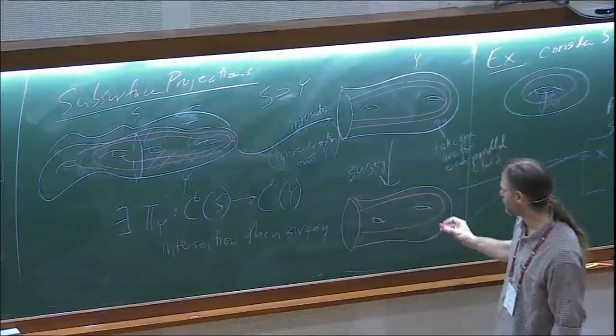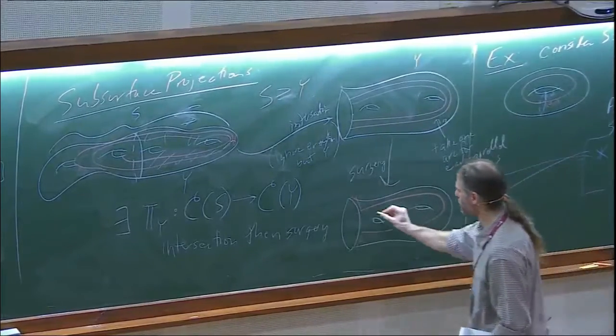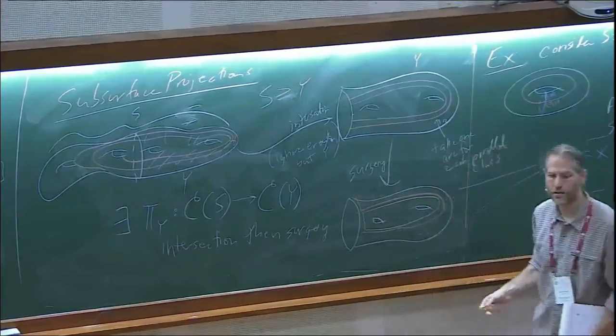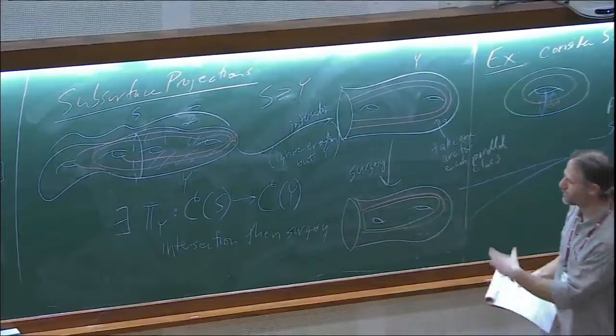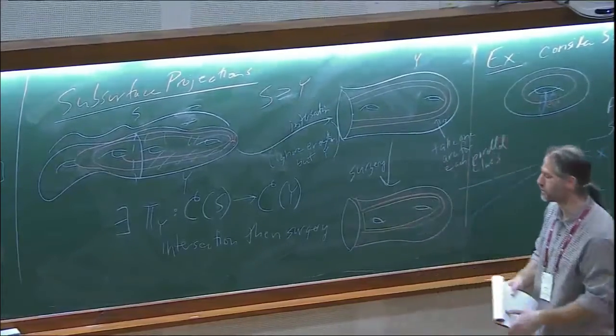And there was a choice there. I could have similarly followed it around and turned the other direction and gotten this. There may be several different choices I can make, and it turns out that at least one of them will be non-trivial.